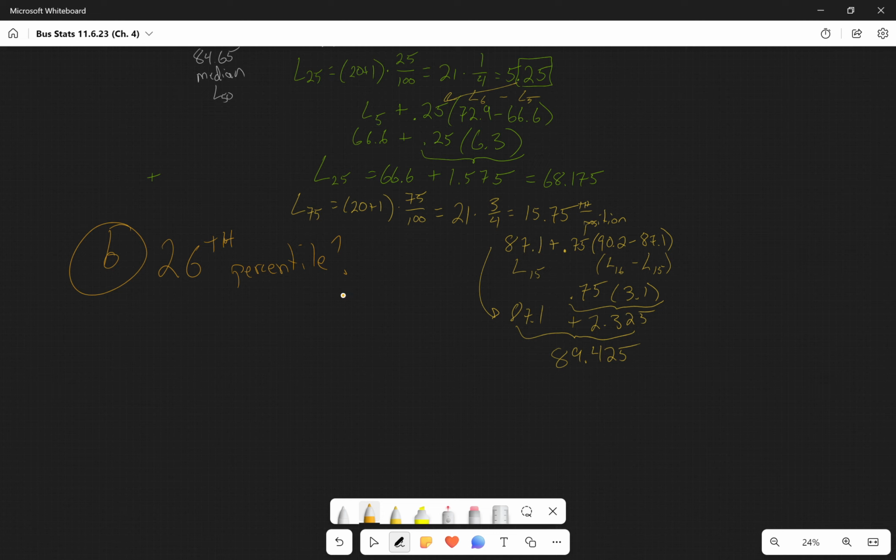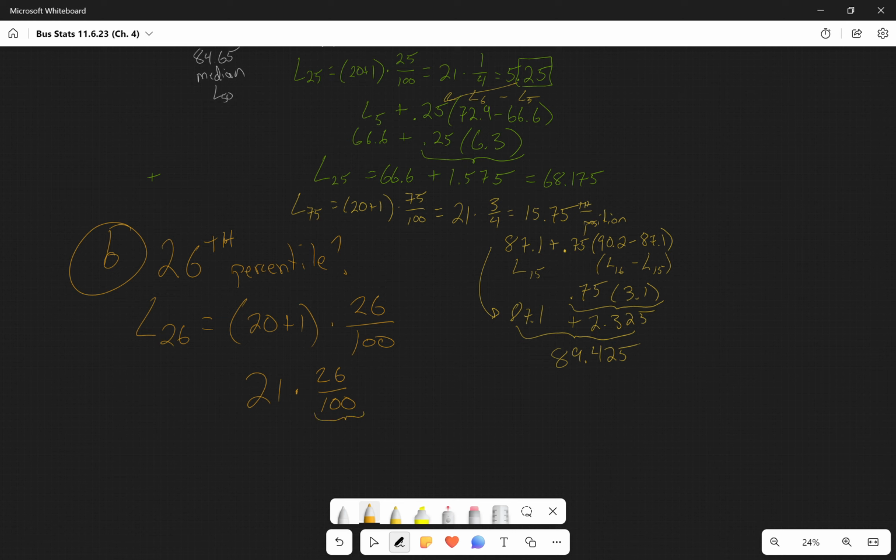So the 26th percentile, right? So L26 is equal to 20 plus 1 times 26 over 100. So we have 21 times 26 over 100. 21 times 0.26, right? That's the other way you could think about this.